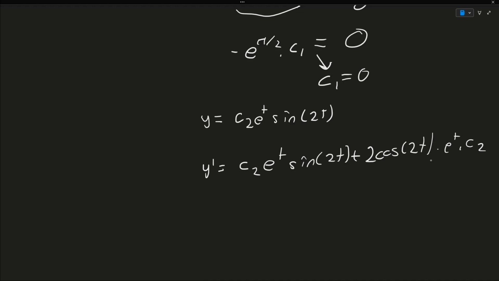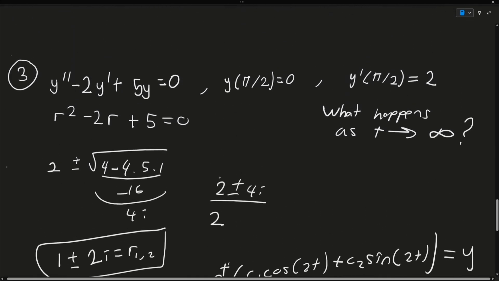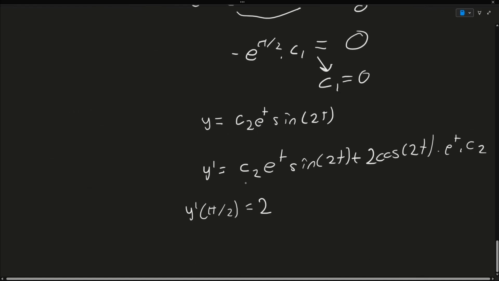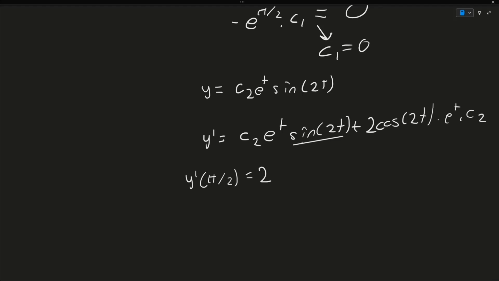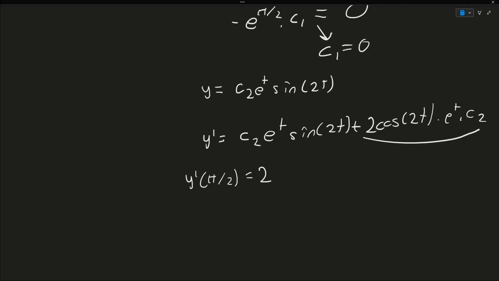This is the first derivative, and we are given y prime of pi over 2 was equal to, what was it equal to? 2. Okay? So we're going to write pi over 2 here. Since pi over 2 for this one will be sine of pi, we can ignore the first term, because it will be 0, right? Sine of pi equals 0. So we will only write this over here.